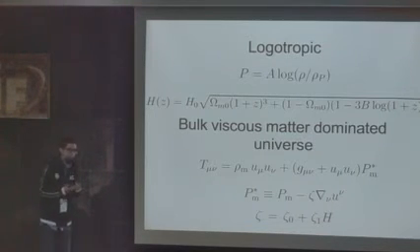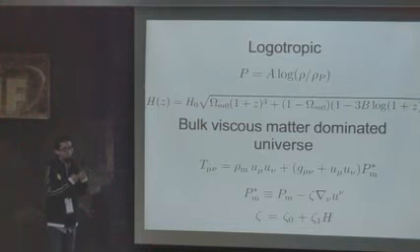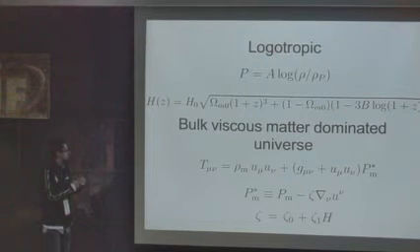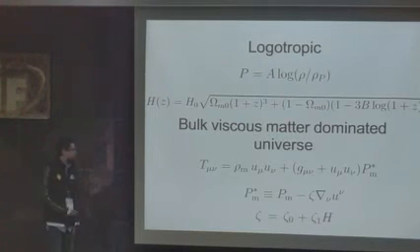Because of this viscosity, there are some places in the universe where equilibrium is not restored, and because this non-equilibrium is not reached, there will be some effective pressure that behaves as a negative pressure that contributes to the expansion of the universe.